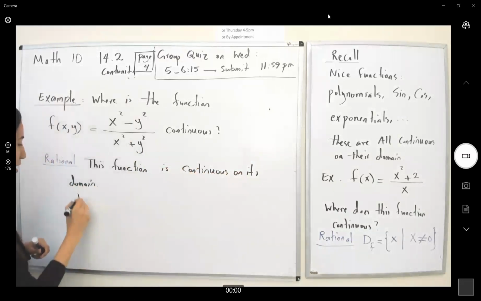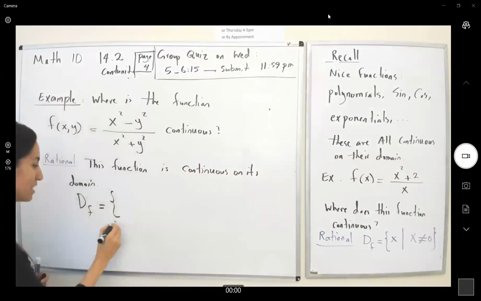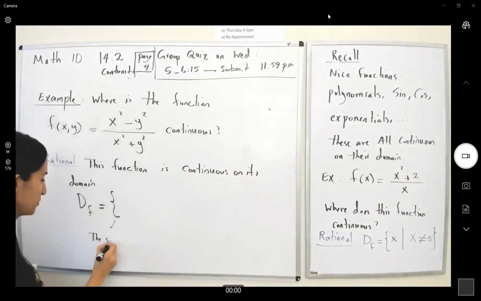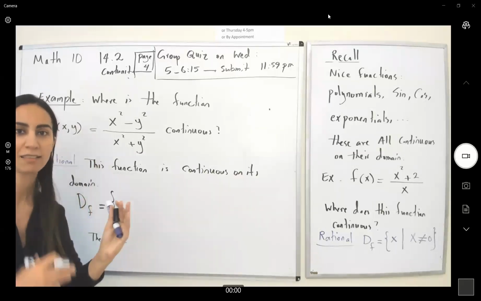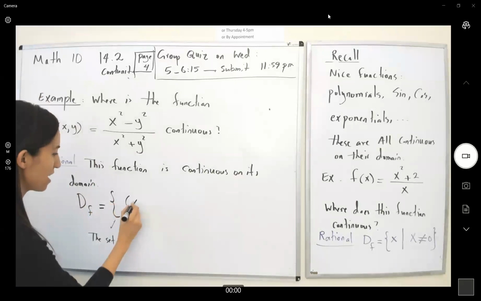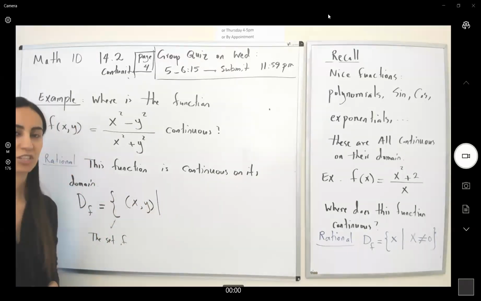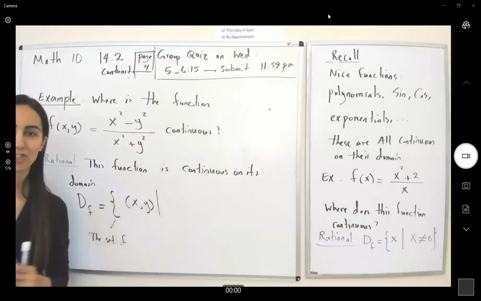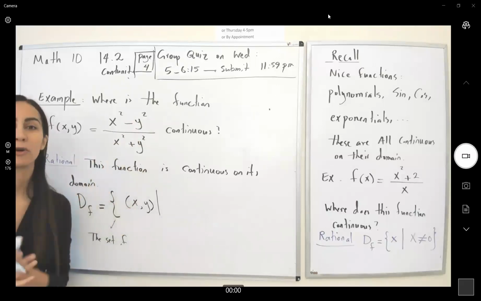Well, the domain of this function is the set of all points x, y, such that, with what condition? We have a rational function. Our only concern is the denominator.